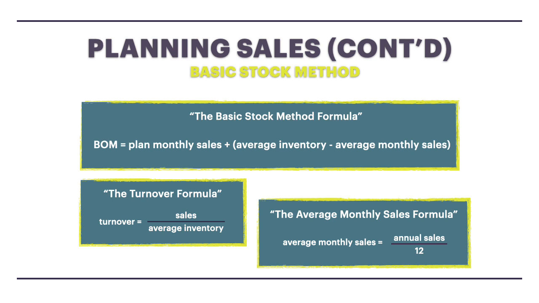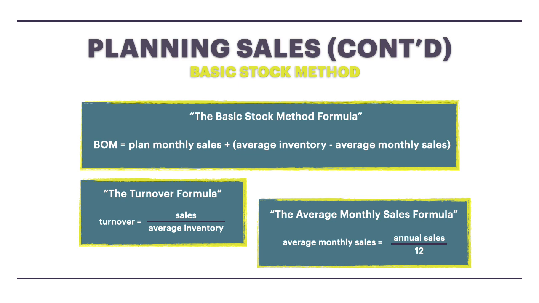So let's look at the formula for the basic stock method. The basic stock method will give you your beginning of the month by calculating your planned monthly sales plus average inventory minus average monthly sales.